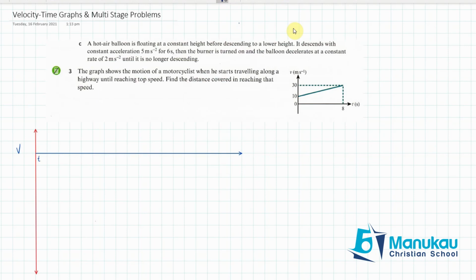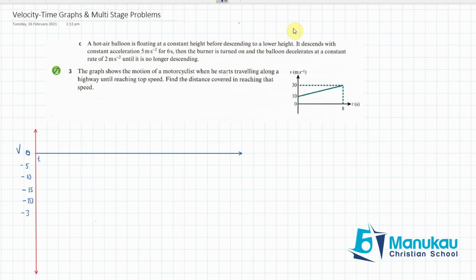Now, I'm going to go down in fives, and I'm just going to take this as 0 as my original height. Now, obviously, it's not 0 meters above sea level, otherwise it's not going to be a hot air balloon, it's just sitting on the ground or something, right? But we'll take our original, where it is in the sky, as 0, because it doesn't say how high it is. So we're just going to use 0 as our reference point.